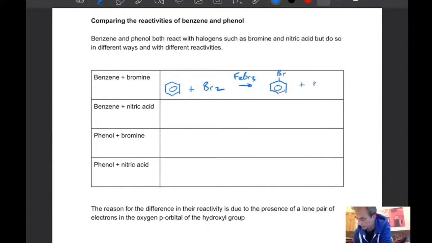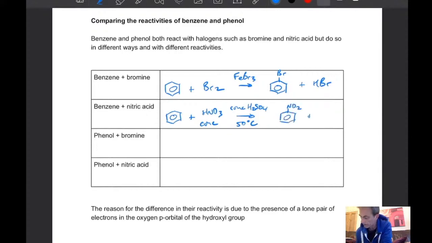Benzene and nitric acid now. That needs to be concentrated. Need a concentrated sulfuric acid catalyst. Need a temperature of 50 degrees C. And that gets you the monosubstitution and a water molecule.